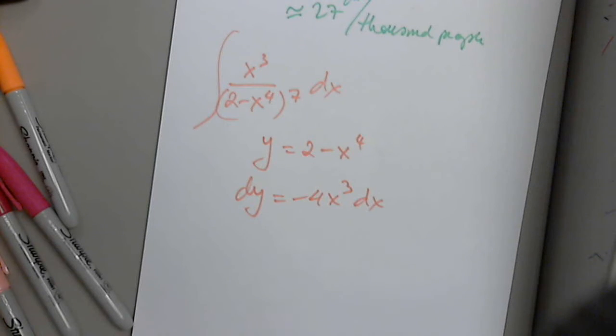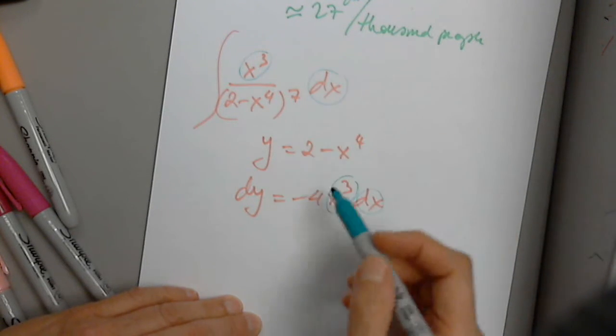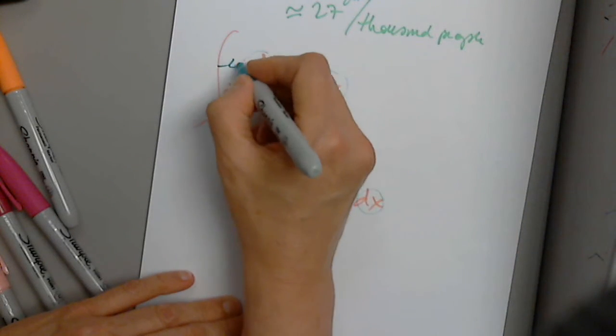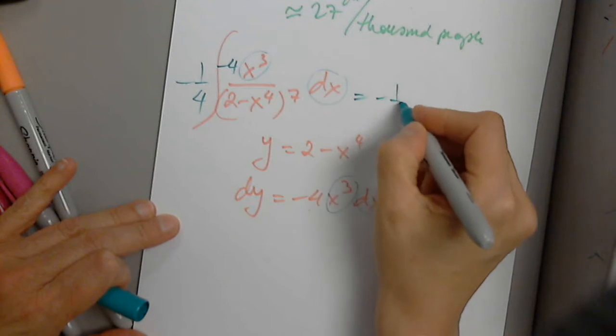So now I have this piece, but I don't have this piece. But that is never a problem. I multiply the top by -4 and I multiply the bottom by -4, which means I multiplied by 1, which means I didn't change anything. So then outside is a -1/4.